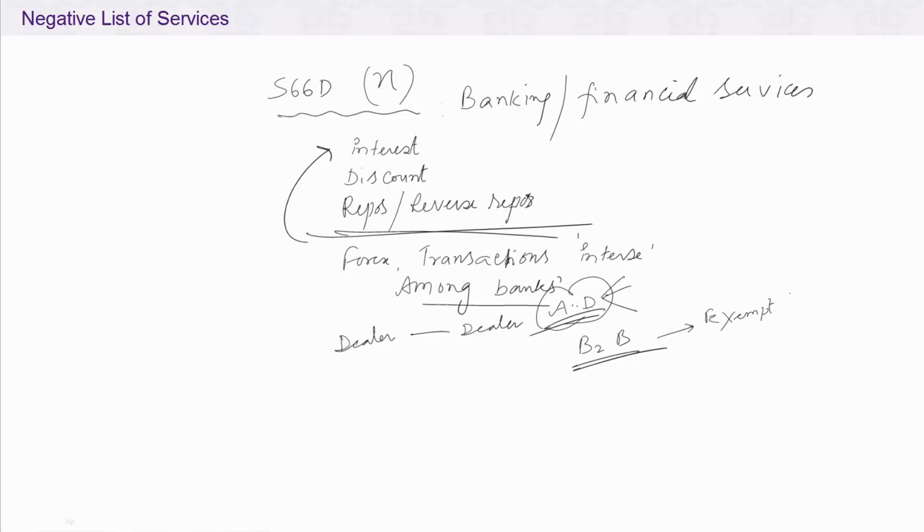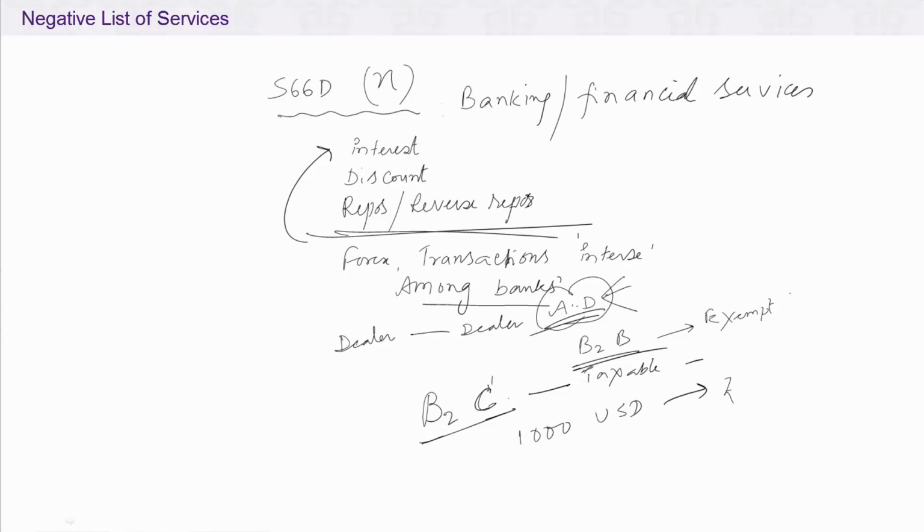Whether it is a bank or individuals or institutions. What about B2C transactions? Business to customer or consumer. These are taxable. Suppose a bank deals with forex with regard to an individual. Say somebody goes and says, I have $1,000 US, please convert them into Indian rupees.